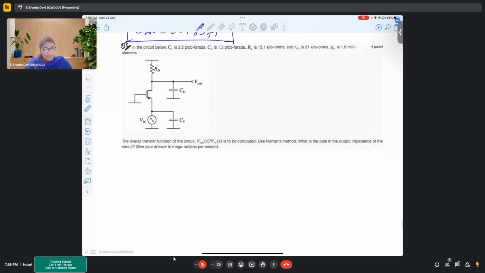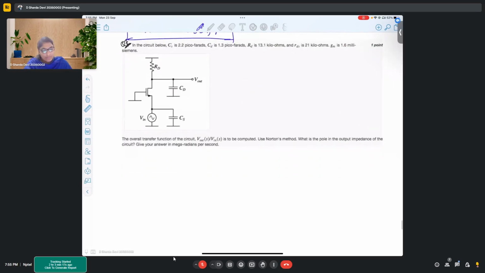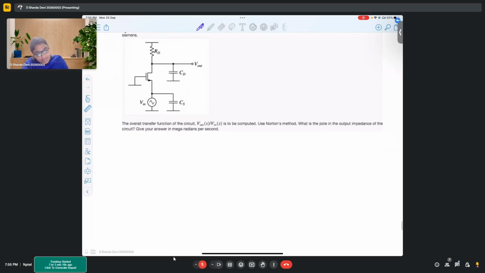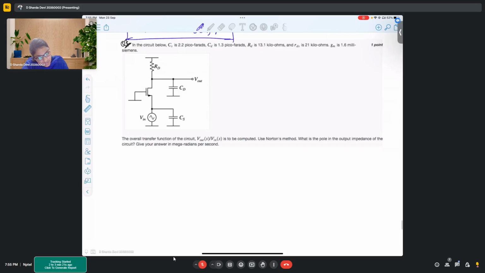Right? So moving on to the next problem. Here in this given circuit, C is 2.2 picofarad, CD is 1.3 picofarad, RD is 13.1 kilo ohm, small rds is 21 kilo ohm, Gm is 1.6 millisiemens.